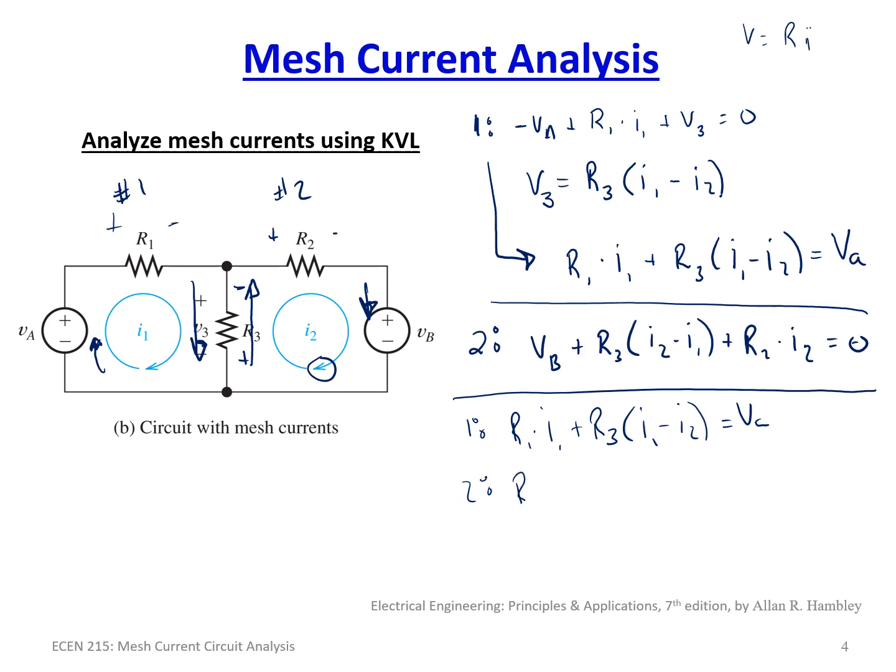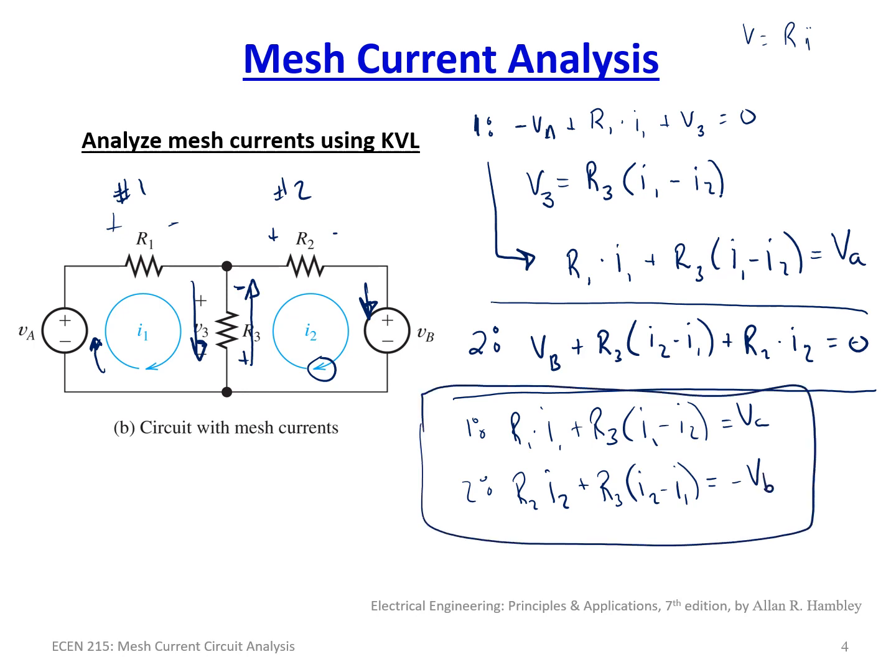We get R2 I2 plus R3 times I2 minus I1 equal to minus VB. Now, in the end, we have 2 unknowns and 2 equations. We can solve this algebraically, or we can solve this with the matrix method.